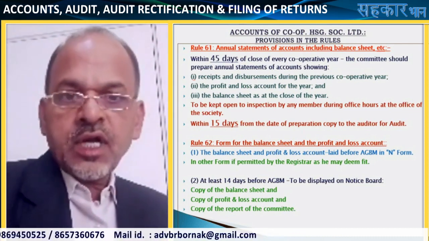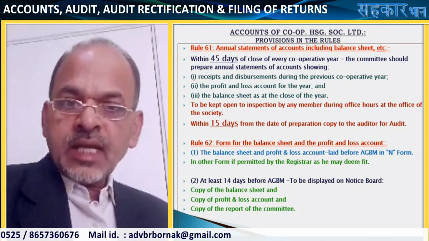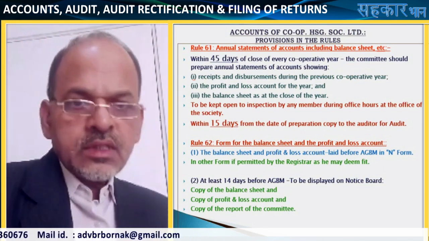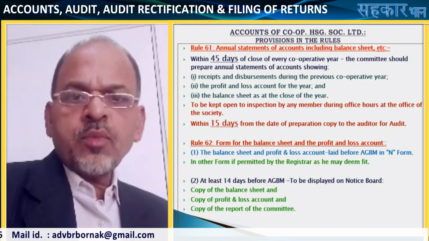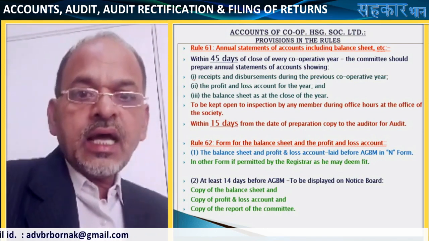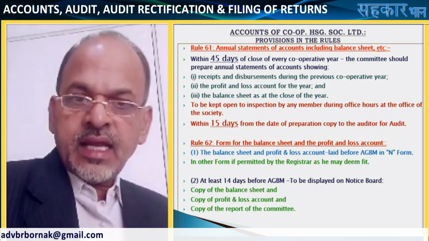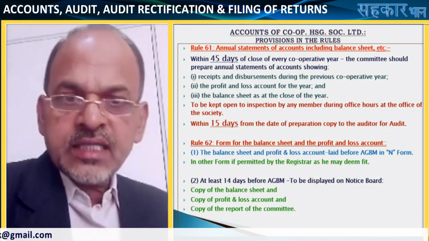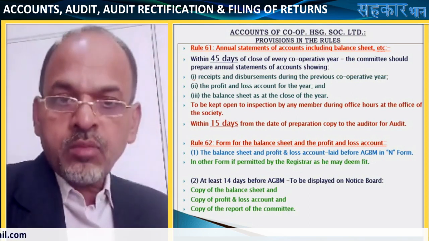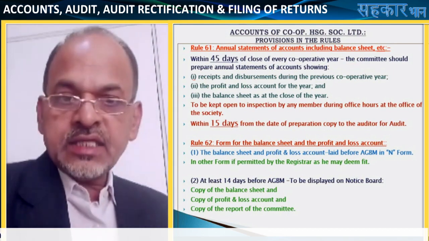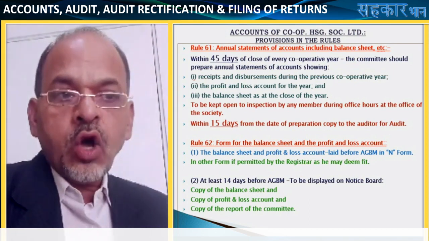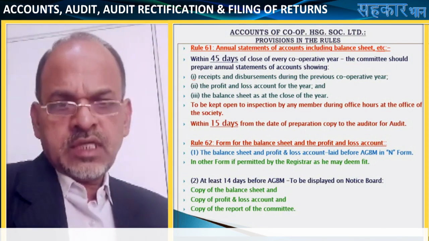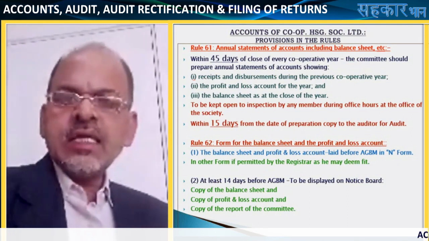The balance sheet and profit and loss account to be laid before the annual general body meeting of the society are required to be prepared in the prescribed form. There are a number of forms: in the Cooperative Societies Act rules are supported, and along with the rules some prescribed forms are appended to the Maharashtra Cooperative Societies Rules, numbered alphabetically, A, B, C, D and so on.